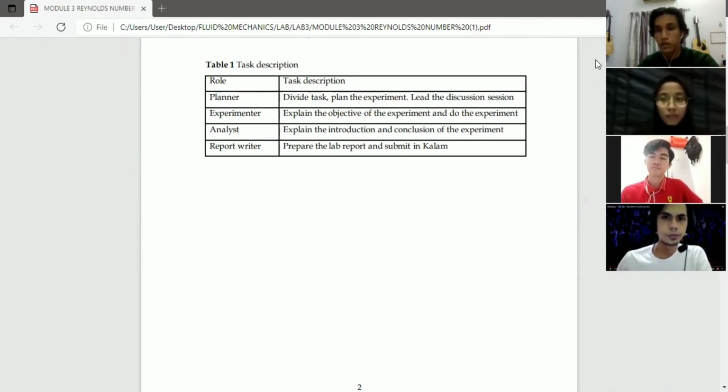From there we can find the value of the Reynolds number. At the first part, we use the slow water flow, and then we go to the high velocity, and from there we can find the result. That's all.